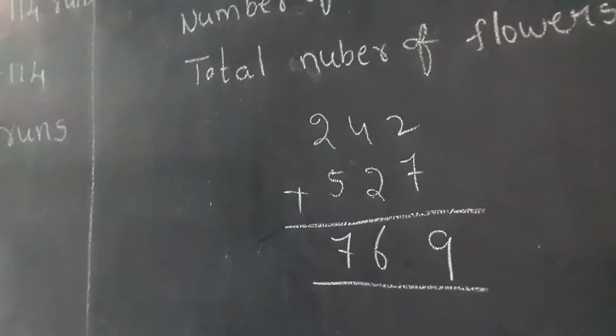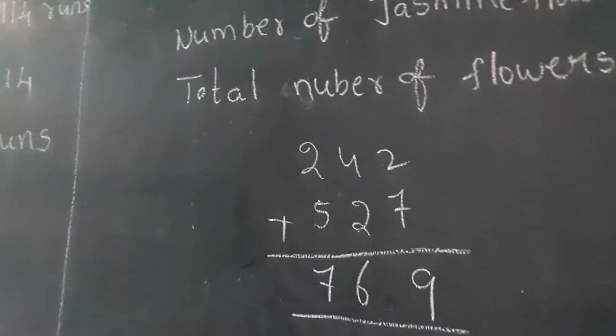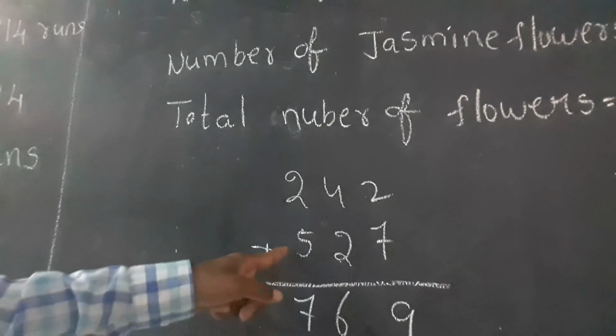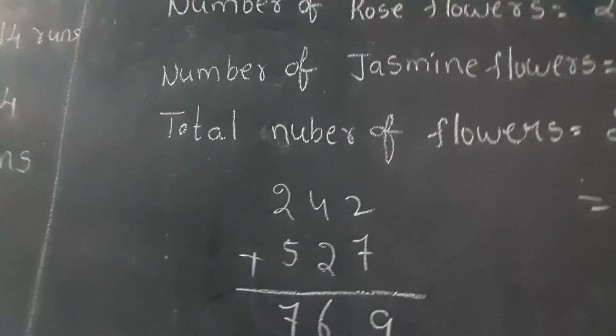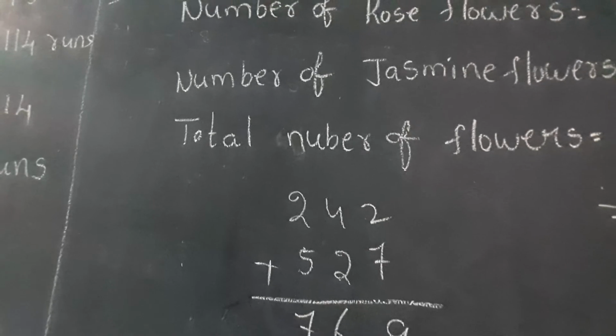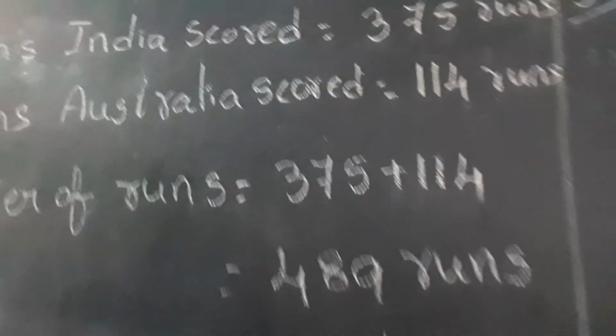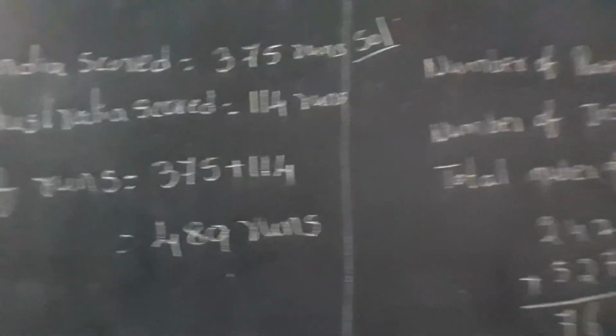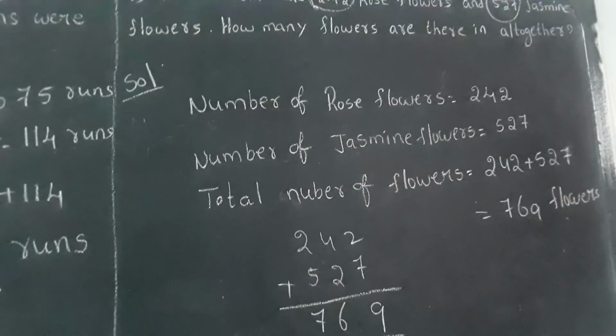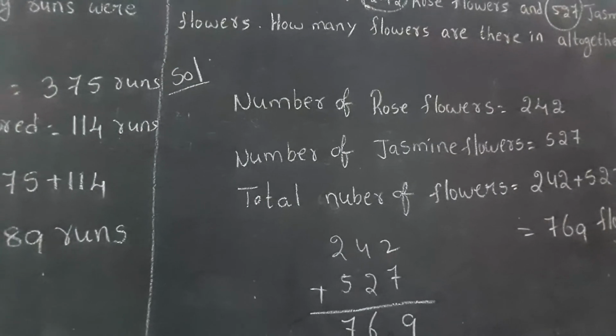We write both in the vertical method and add. The answer is 769 flowers. First story sum, how many runs? 489 runs. Second story sum, flowers, 769.